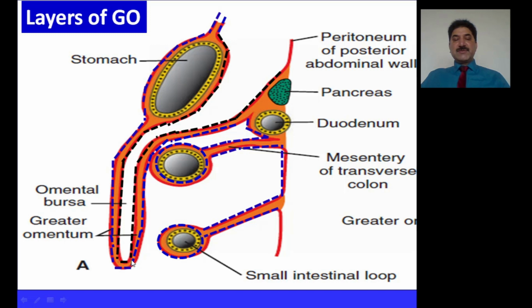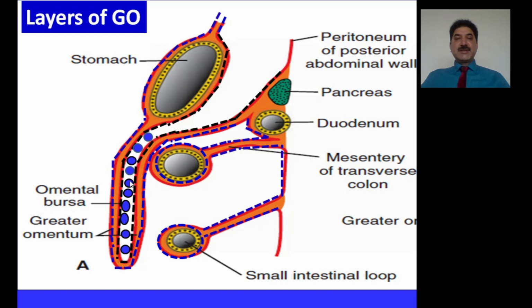On reaching the transverse colon, these 2 layers fold back on themselves to form a 4-layered structure. The space between the second and the third layer gets obliterated to form the gastrocolic ligament, which lies between the greater curvature of the stomach and the transverse colon.